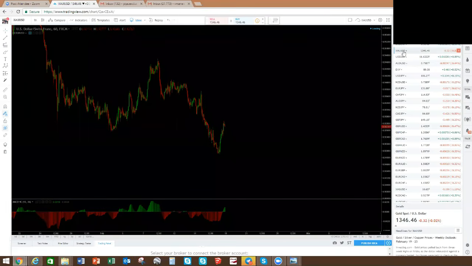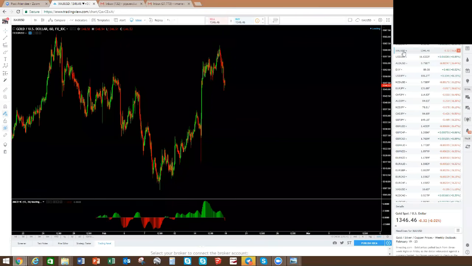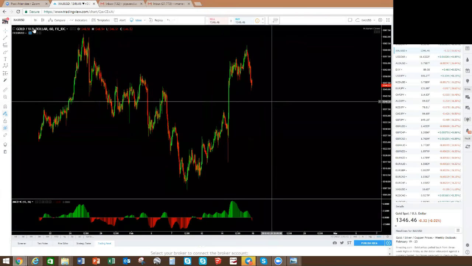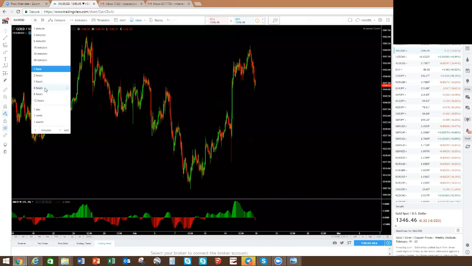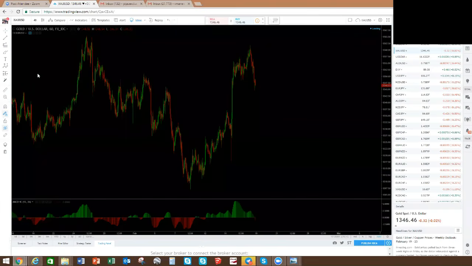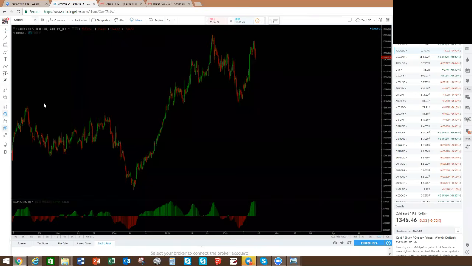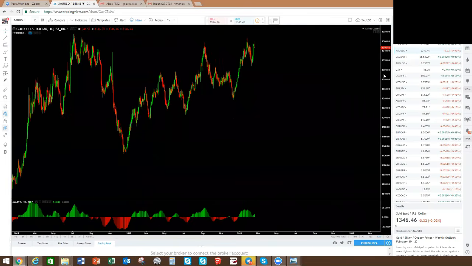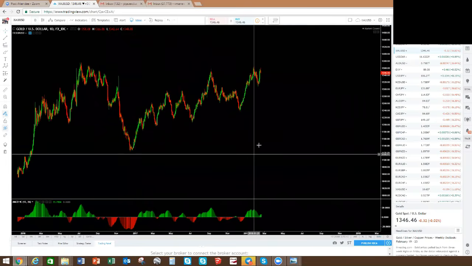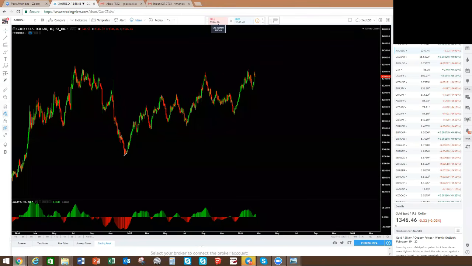Gold. Gold has a similar move to Euro US dollar. Before we go to the 4 hour, let's go daily and look at the overall structure. If you remember, I've been looking at gold as a 1, 2, 3 combined with a 1, 2, 3 connector.